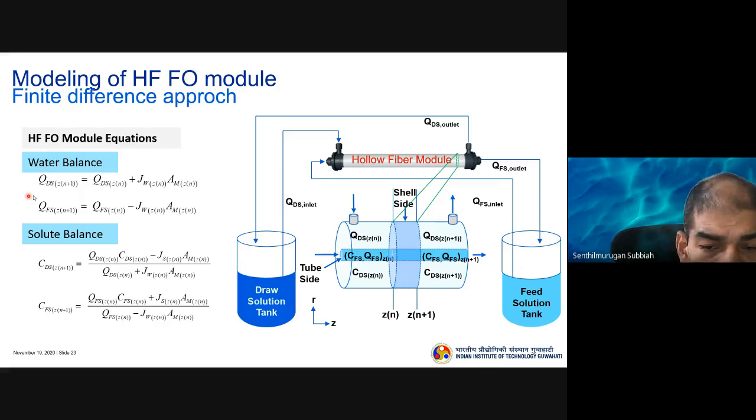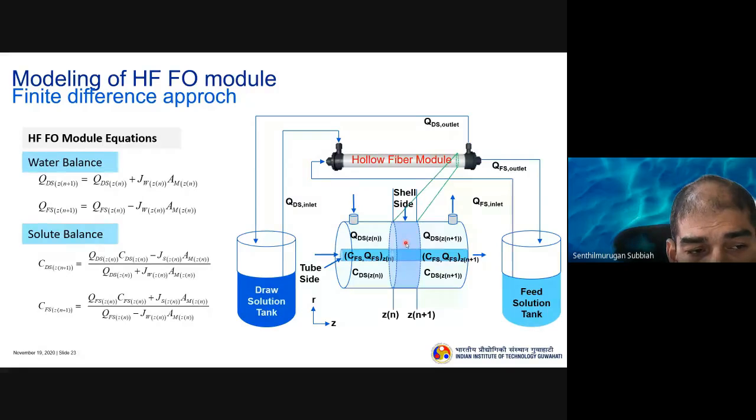So how do you model this complete unit? We need to take a single element. So this is basically a single element, and we need to make an element balance. So what is the element balance? The water is passing through the tube, which we call the tube side, and water is passing on the cell side, which we call the cell side.